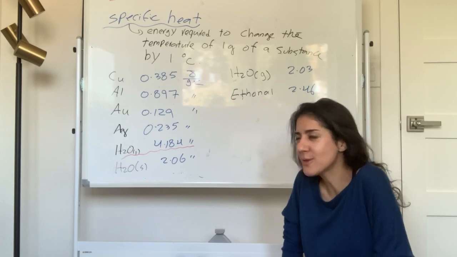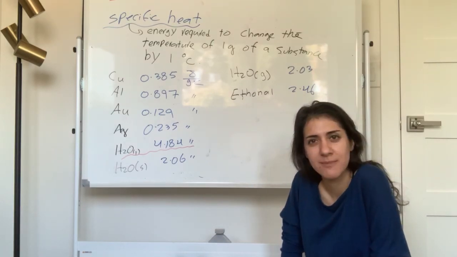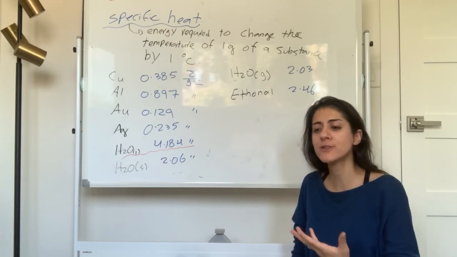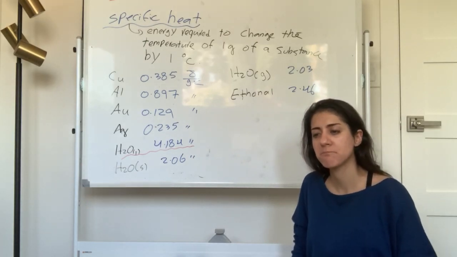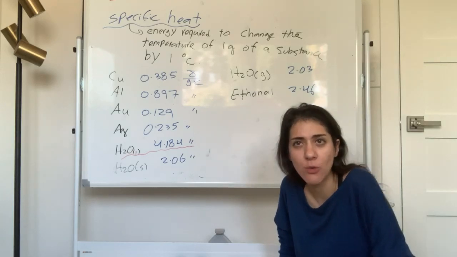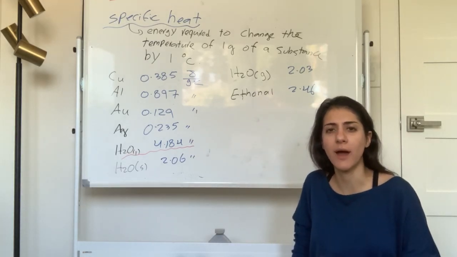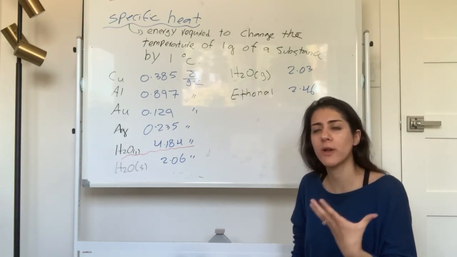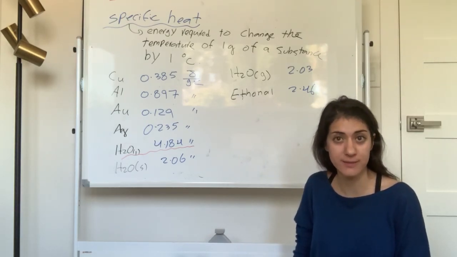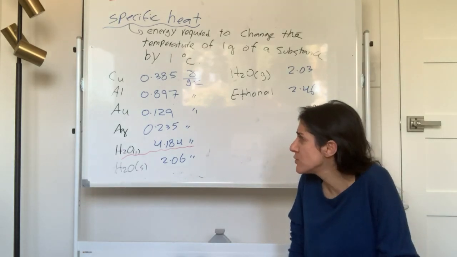Now, let's look at the metals. Let's say you could have a custom-made cooking pot. And they ask you, okay, this custom-made cooking pot, which metal do you want us to make it from? Which metal would you use?